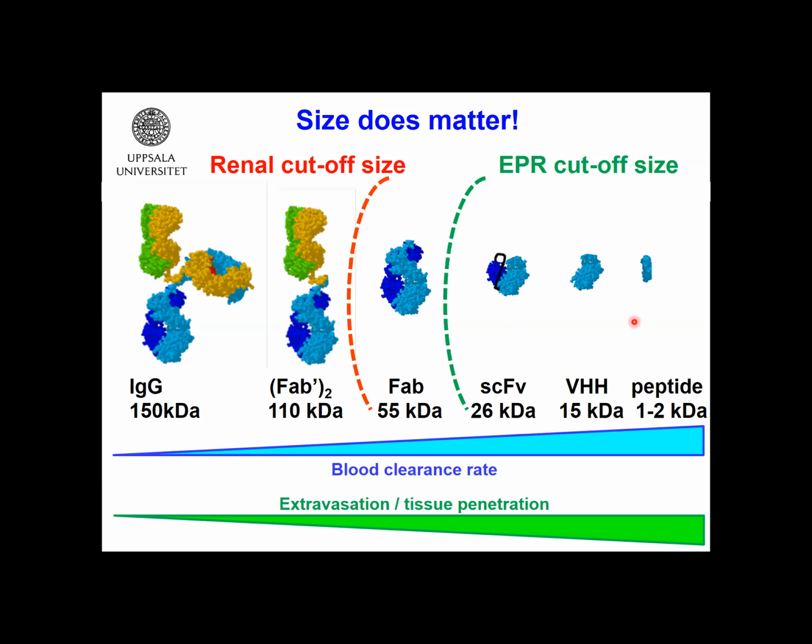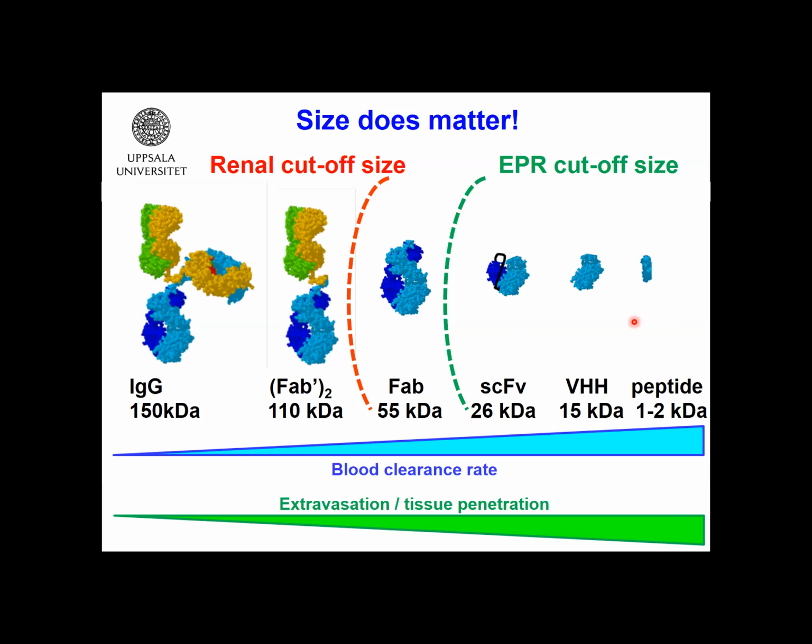Moreover, if you use peptides, which are typically derived from peptide ligands of receptors that are overexpressed in tumors, you can get absolutely fantastic images with very high contrast.